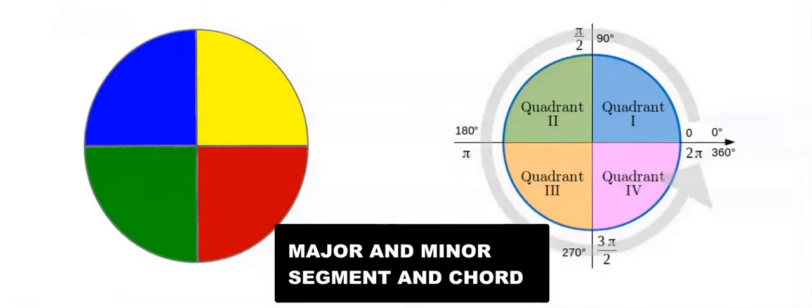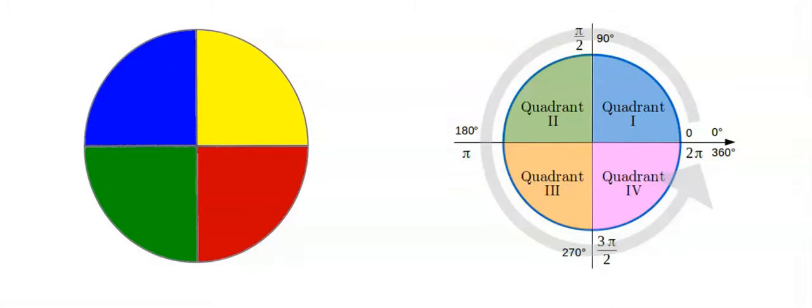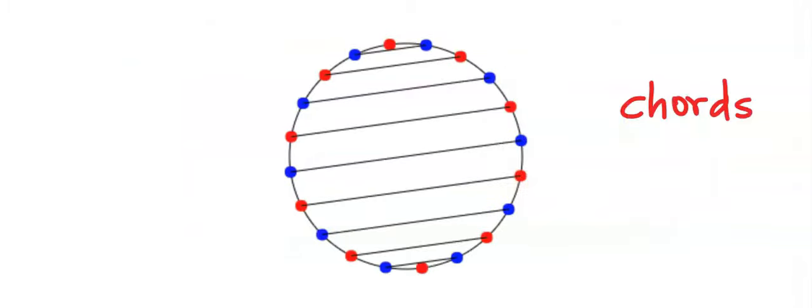Next, at times, instead of splitting a circle into quadrants and sectors, you can have them split into chords, but not from the diameter, which is the longest distance.